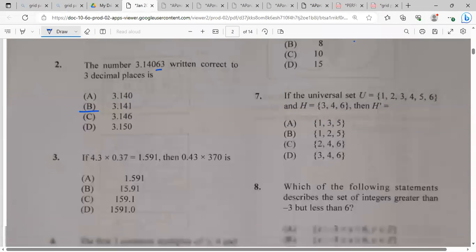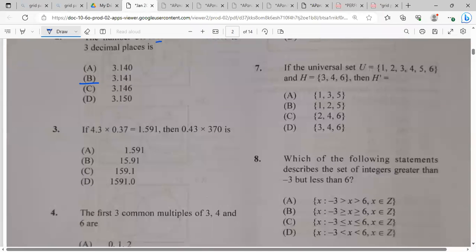Let's move on to this one now. That one can be a little bit tricky, you know. It says 4.3 times 0.37 is equal to that, right? Then the answer should be 2 decimal places, 15.1, but the number does look weird.